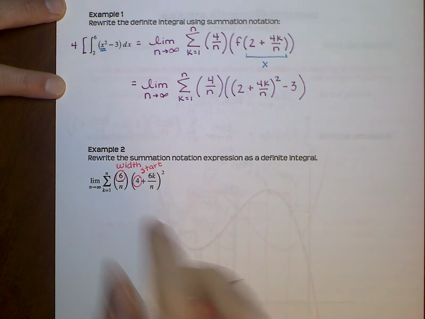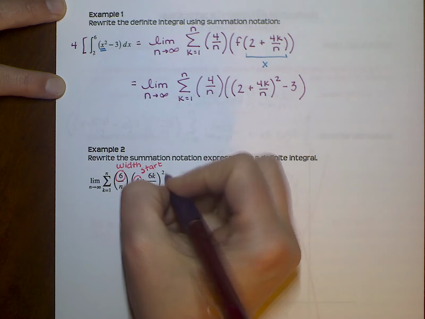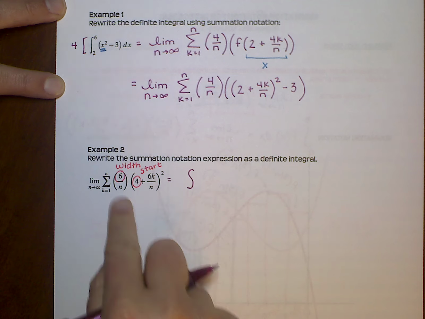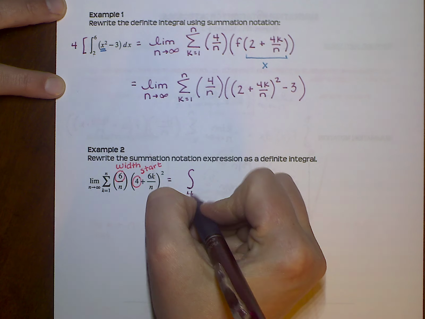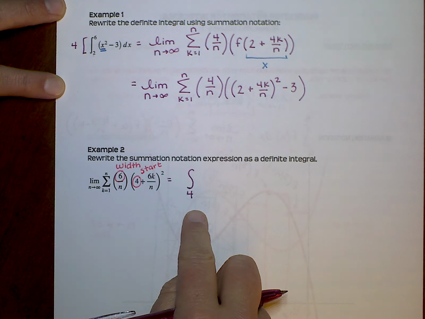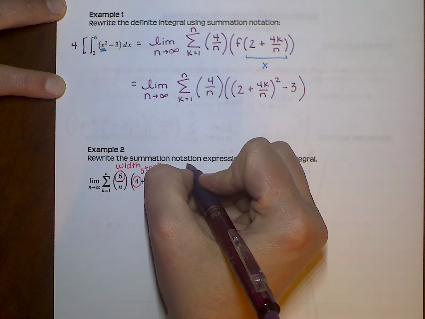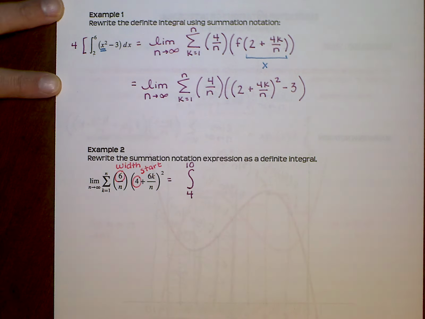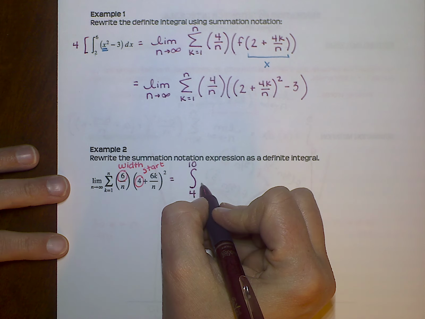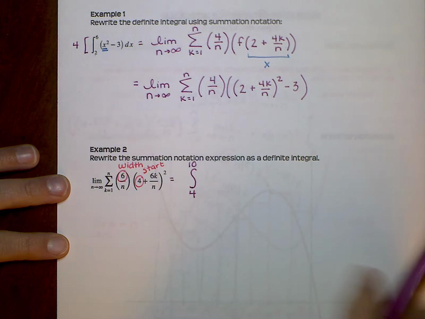If I'm trying to write this in integral notation, so far what I know is that I'm doing an integral that starts at 4 and has a width of 6. If it starts at 4 and has a width of 6, it must be going from 4 up to 10. Now the question is, what is my f of x?